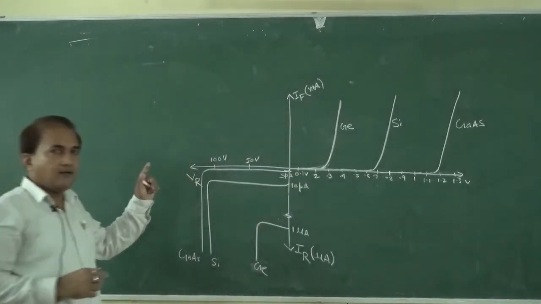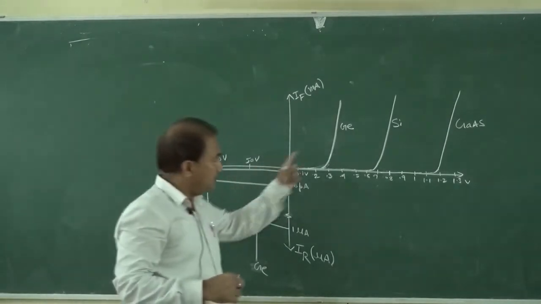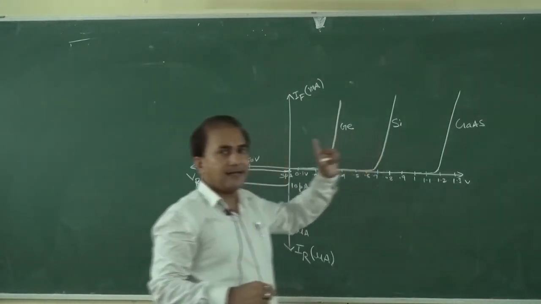See, this is the VI characteristics of germanium, silicon and gallium arsenide.